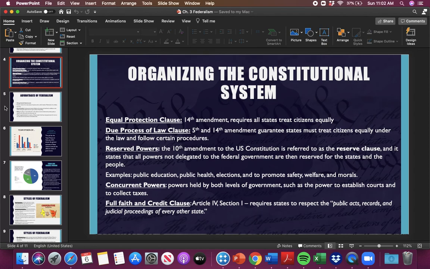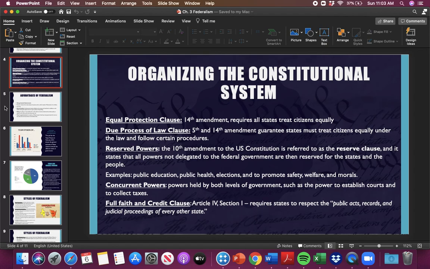And then finally, full faith and credit. Full faith and credit, Article 4, Section 1, requires the states to respect the public acts, records, and judicial proceedings of every other state. So what this means, full faith and credit.